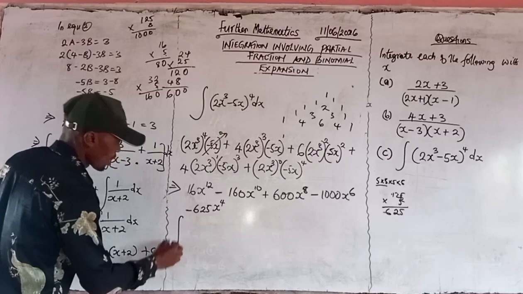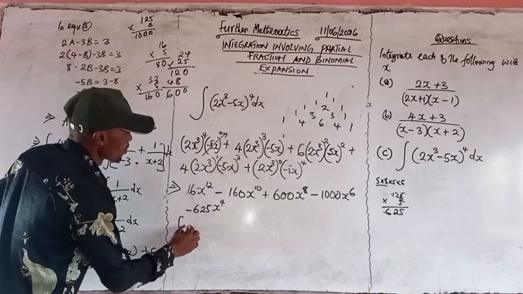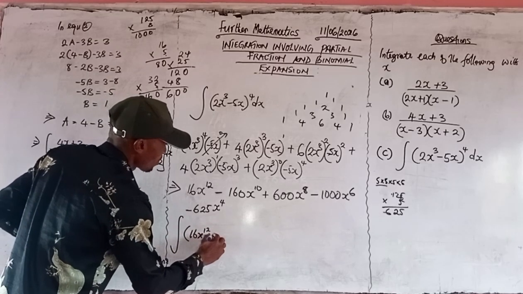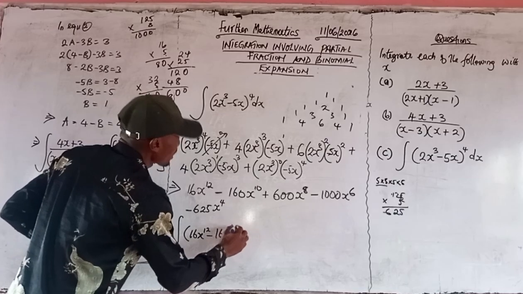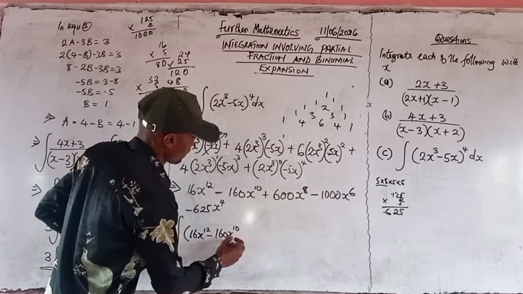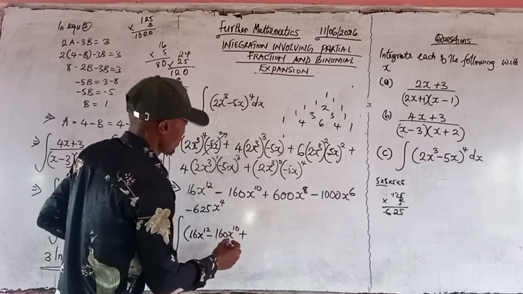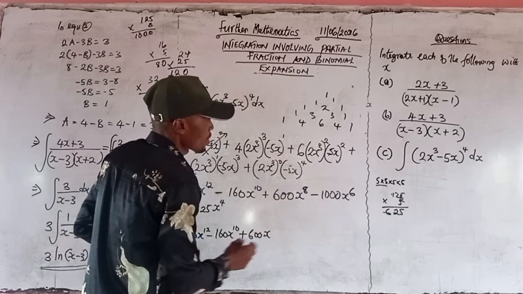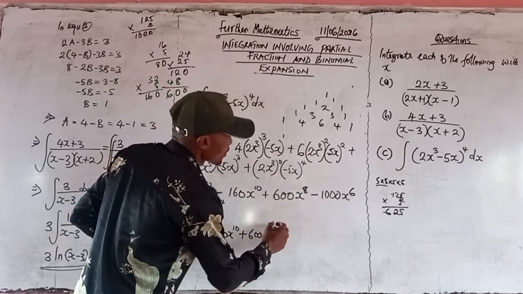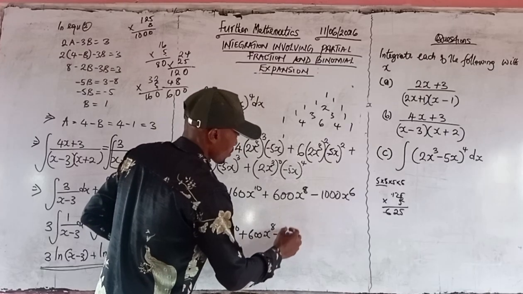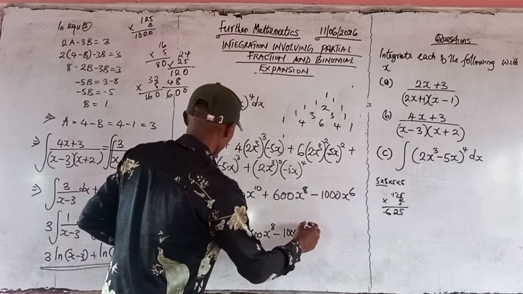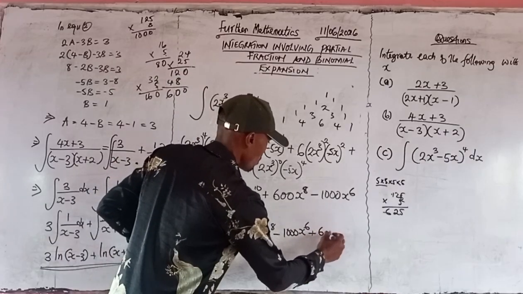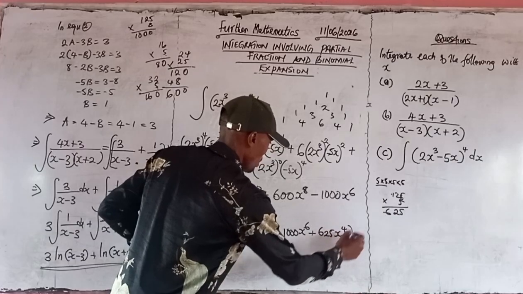This is the integral of open bracket 16x^12 minus 160x^10, then plus 600x^8 minus 1000x^6, then minus 625x^4 dx.